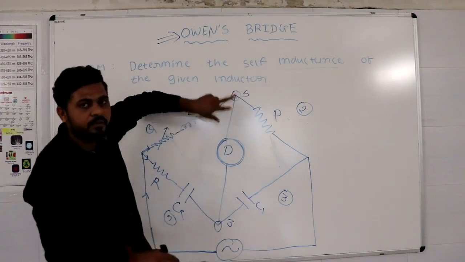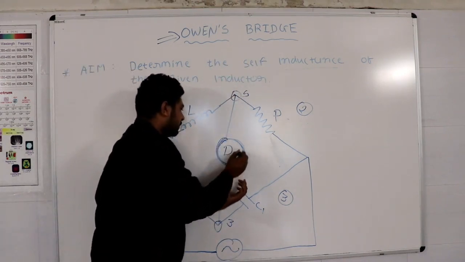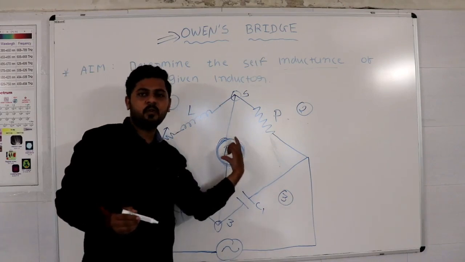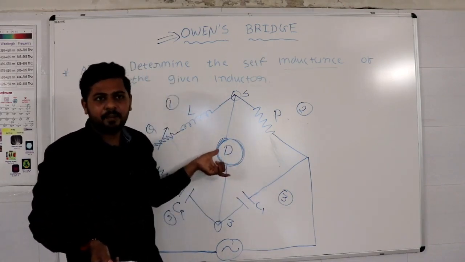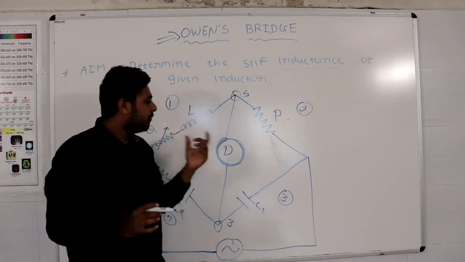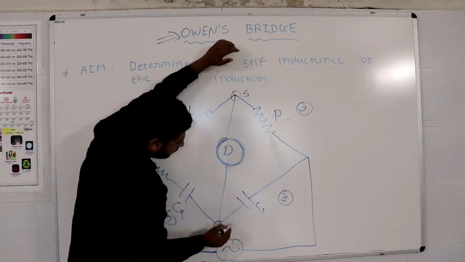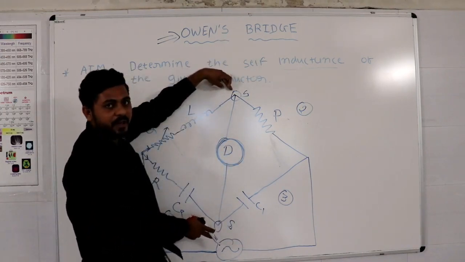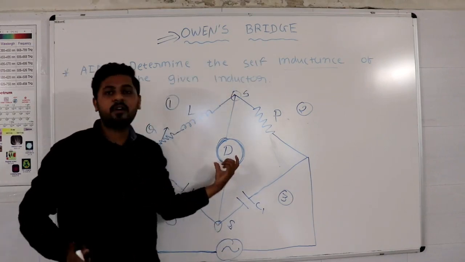Then the difference between these points is 2 volt. Suppose you place a lamp here, then the lamp will glow because a potential difference is applied. When the lamp turns off, whenever there is a balance condition, there is 5 volt and there is also 5 volt, then the lamp will not glow.